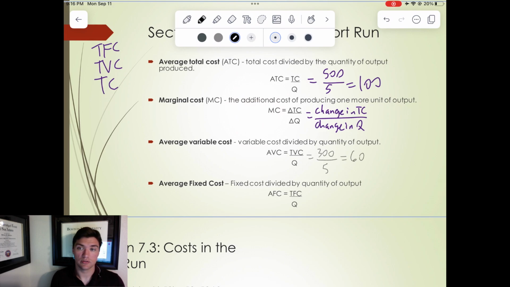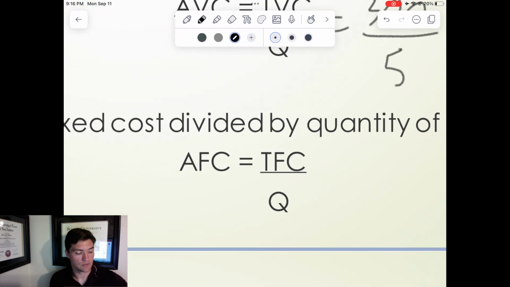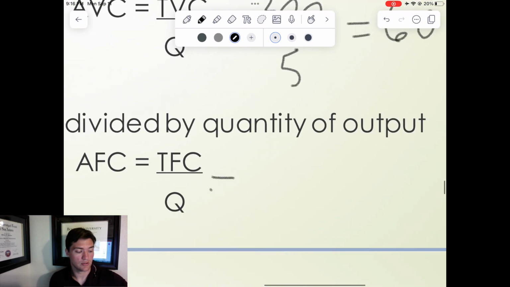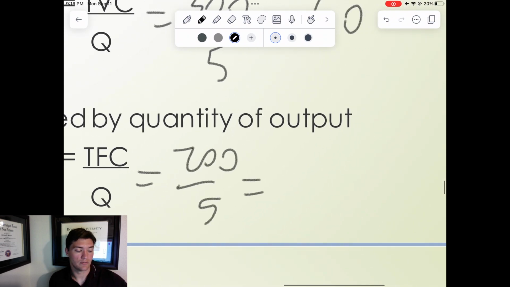This information will help you figure out where you are in the production process. Are you in the beginning stages? Are you in the late stages? How much of a factor is your fixed cost in your pricing or the cost of something? All you're going to do is take the total fixed cost and divide it by the quantity. So we'll take 200 and divide it by 5, and that should be 40.